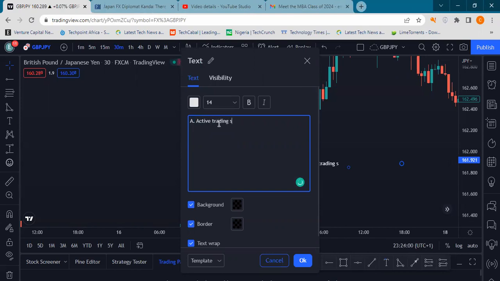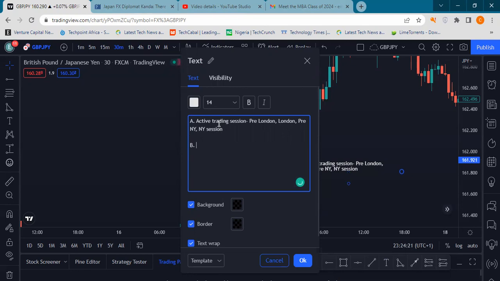A, active trading session. What do I mean by that? So this could either be pre-London, London open, pre-NY and NY session. Yeah, that's one.